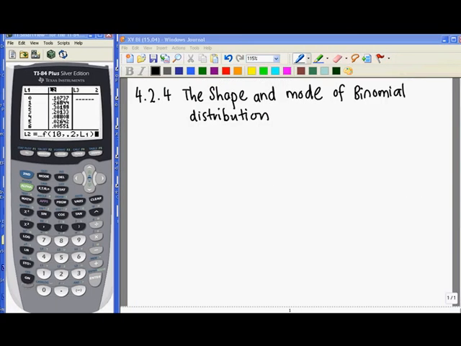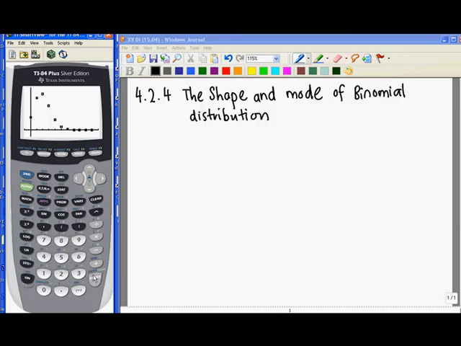In this section, we are going to explore the shape of a binomial distribution. We are going to key in the probability of a binomial distribution where n is 10 and p is 0.2. Let's look at the shape of the graph. We use Zoom Stats 9.